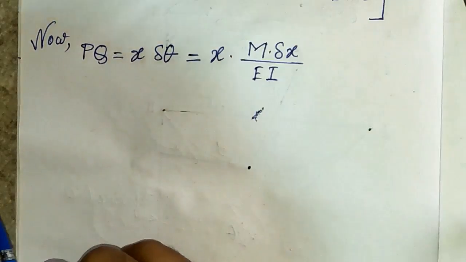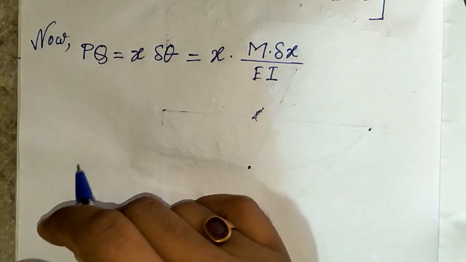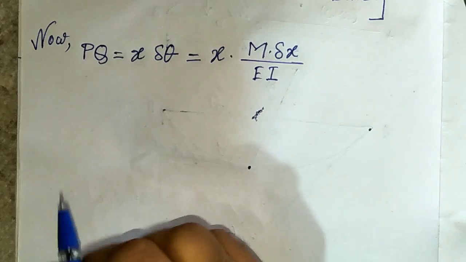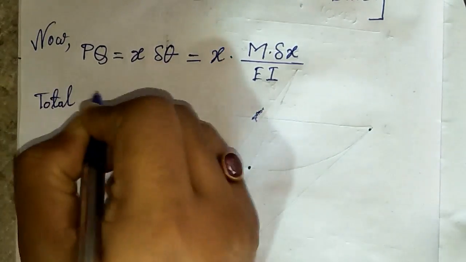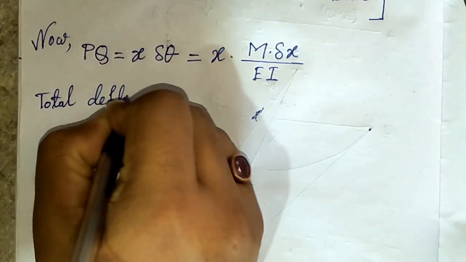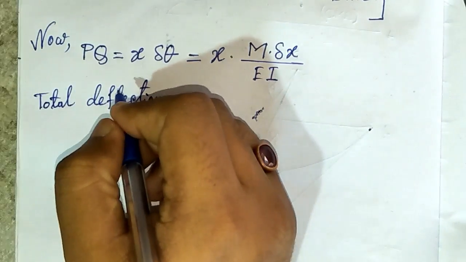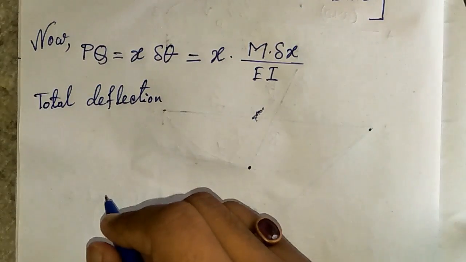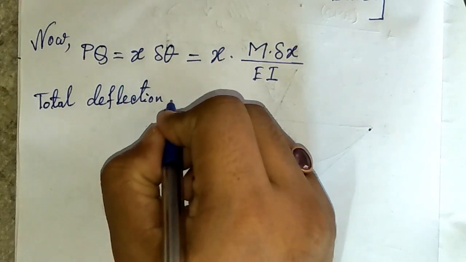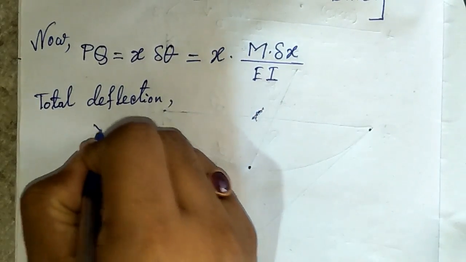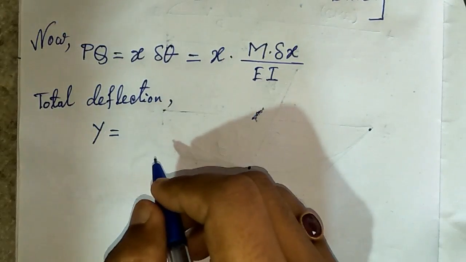Okay, so now to find out the total deflection of the beam of length L, where the deflection is y, we have to integrate that thing.